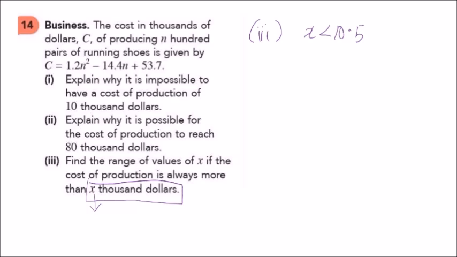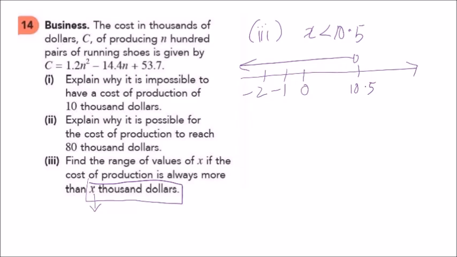So if you have x less than 10.5, if we draw the number line, it means that it's possible to also have negative values, right? If your answer is x less than 10.5, then it's possible to have x as -2, -1.